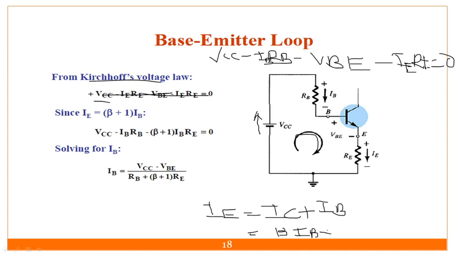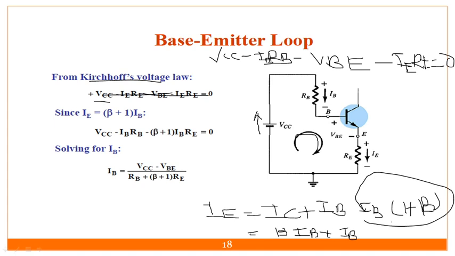Taking IB common, I get IE is equal to IB times (1 plus beta), that is, IE is equal to (1 plus beta) times IB. Putting the value of IE in the equation, it will be like this.